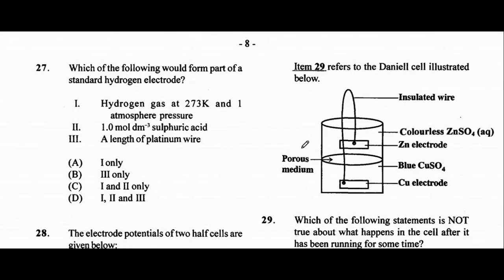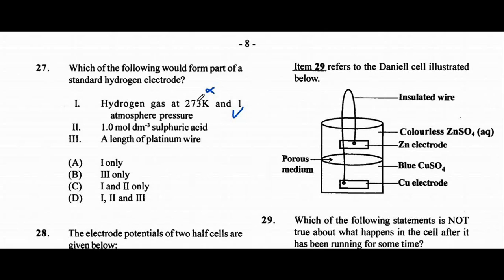27, which of the following would form part of a standard hydrogen electrode? So in order to do that, you'd have to have a temperature of 298 Kelvin, or that is 25 degrees Celsius, and we don't have that here. 1 atmosphere is indeed okay. 1 mole per dm cube of a monoprotic or monobasic acid.